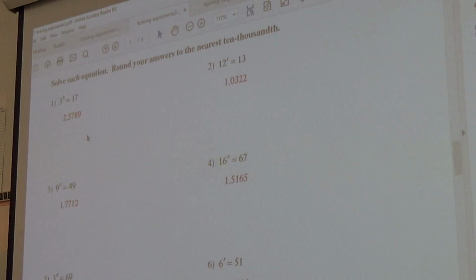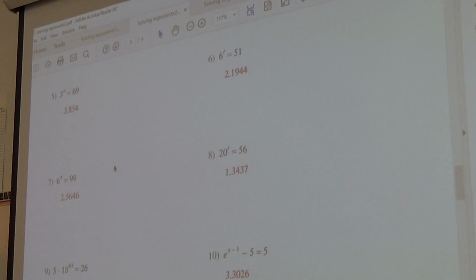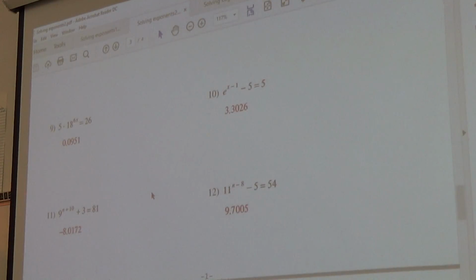Number 1 is 2.5789. 3 is 1.7712. 5 is 3.8540. 7 is 2.5646. 9 is 0.0951. 11 is -8.0172.